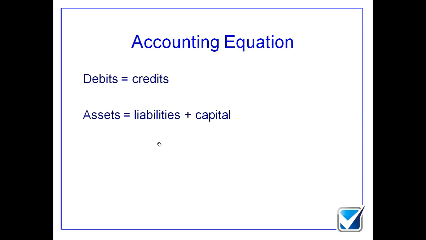So debits equals credits, which is why I've lined it up this way, so the equal sign comes down more or less in the same place. So debits equals credits says assets equals liabilities plus capital.